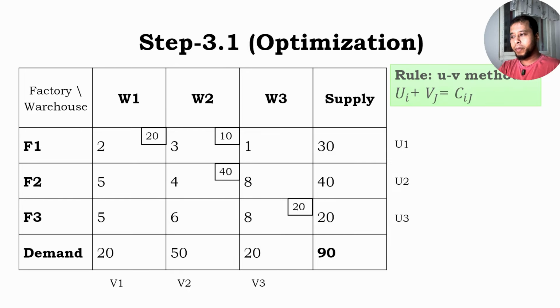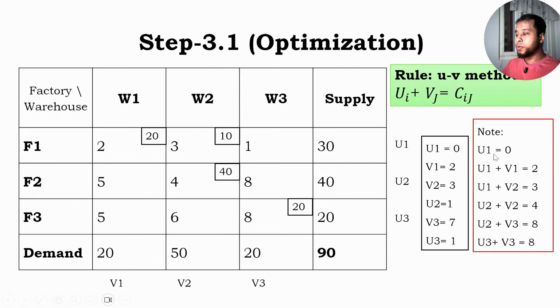We will use the UV method, and there is one formula that needs to be remembered, which is U plus V equal to C. So as an example, assume U1 equal to 0, then U1 plus V1 equal to 2, so V1 equal to 2.